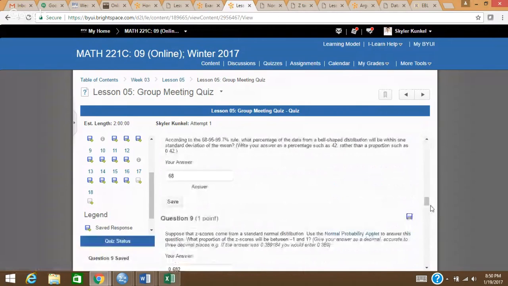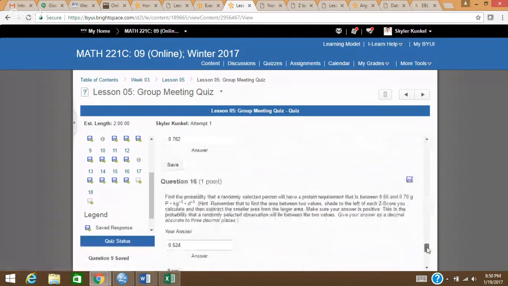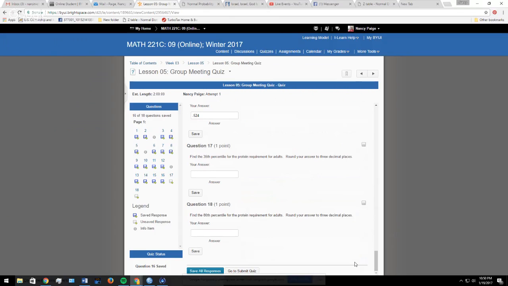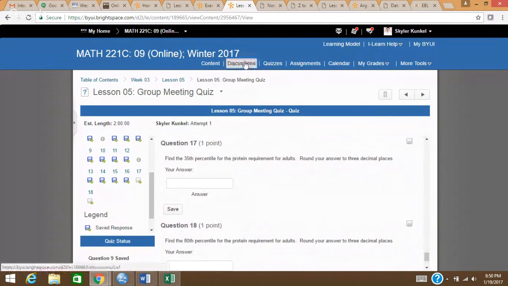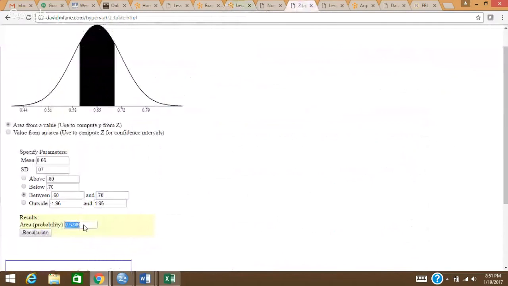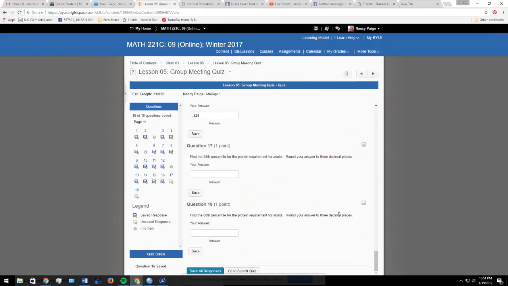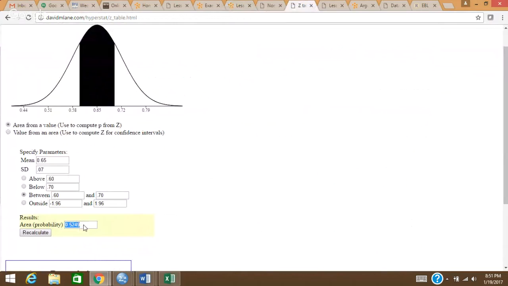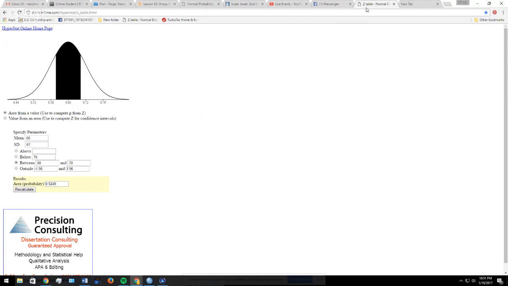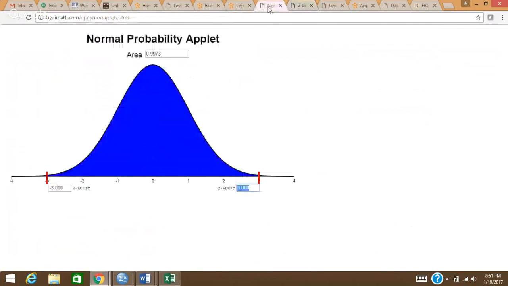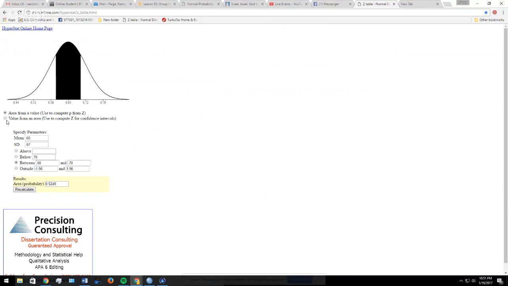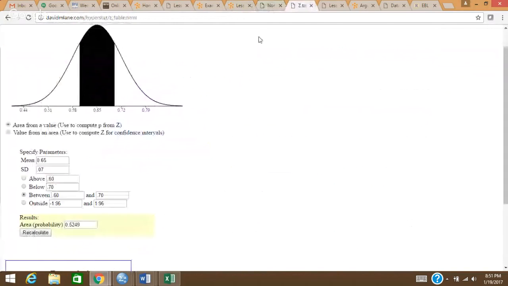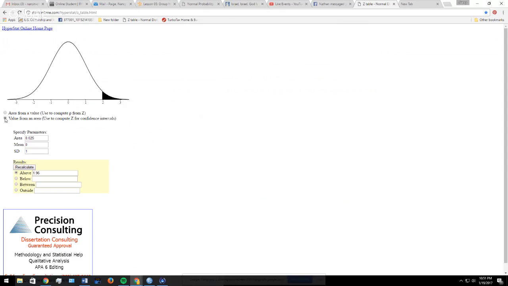Okay. Perfect. So let's go to question 17, right? Mm-hmm. Find the percentile. Percentile. Oh, the 35.1. I forgot that one. Oh, hold on. Go to value of area, I think.